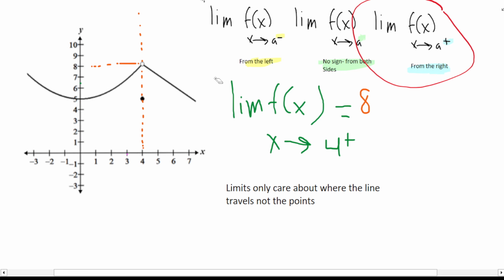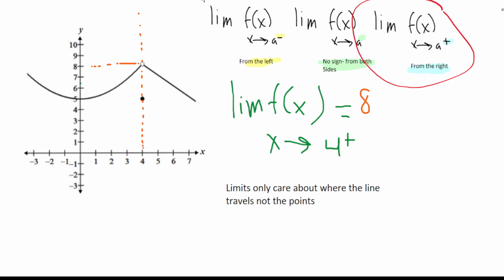And like I said, limits don't care about where the function is defined. The way you need to think about the limit is as x approaches. Approaches implies you never go to the actual x value itself. You just get very, very close. And very, very close really just means that line over there.